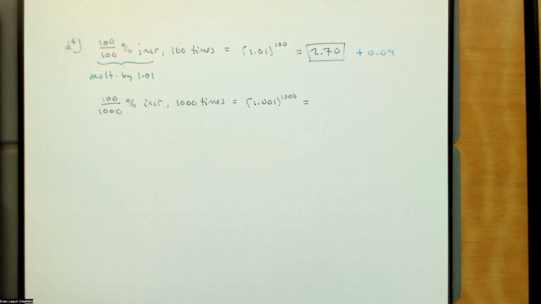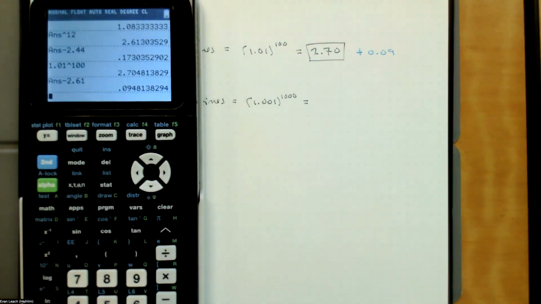And then we could drop that down to 0.1% and do this 1,000 times per year. So just around 3 times per day, your compounding interest, I'll have 1.001 to the 1,000.